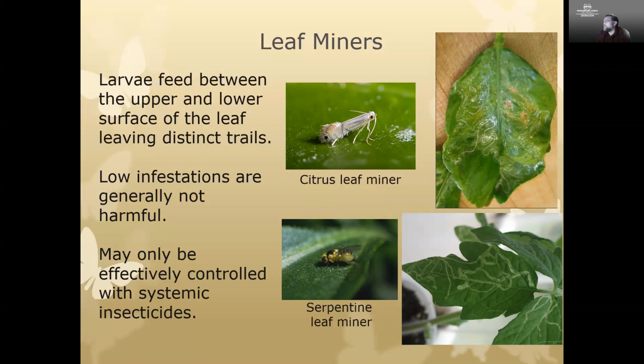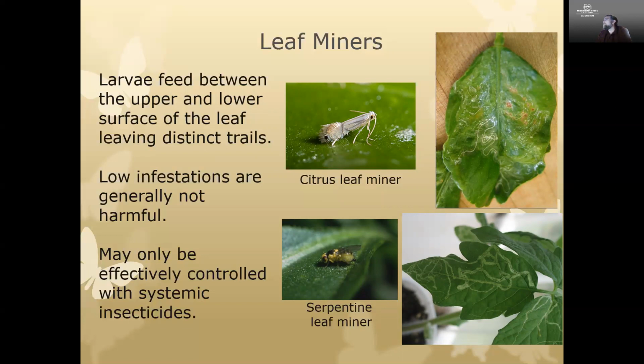While they do damage to the leaf, you really need more than about 50% of the leaves affected before you're actually going to see a reduction in yields because of this insect. That being said, particularly on our citrus trees, the feeding of leaf miners can be really unattractive. A lot of people control it for cosmetic reasons before it gets to that level.